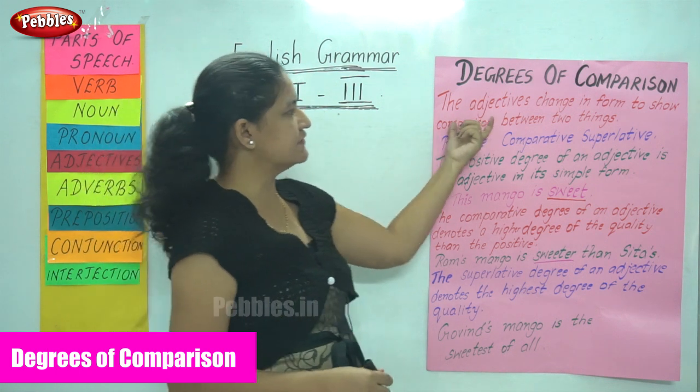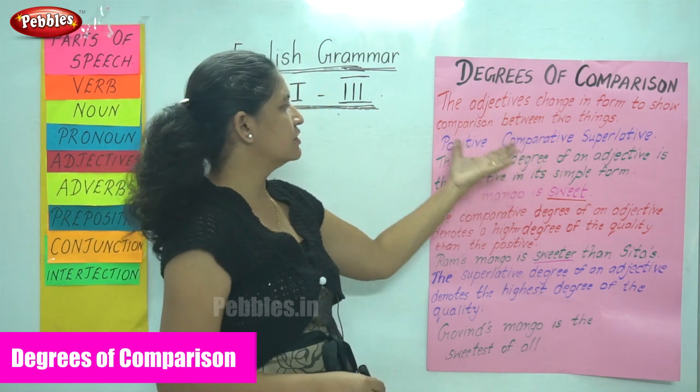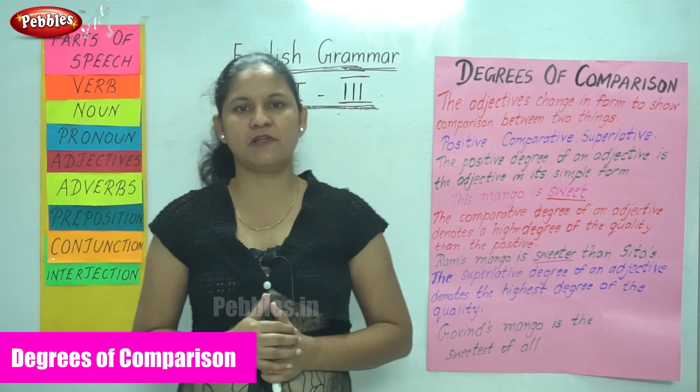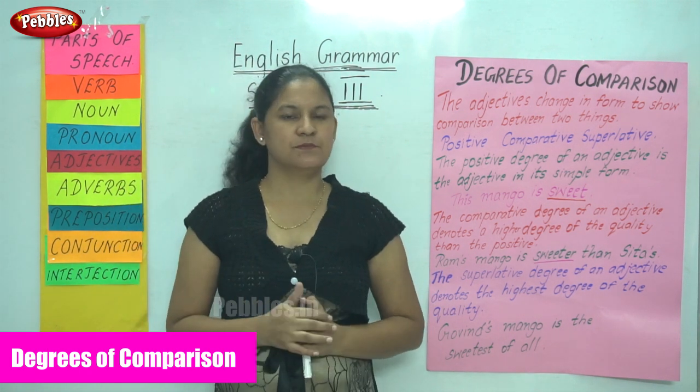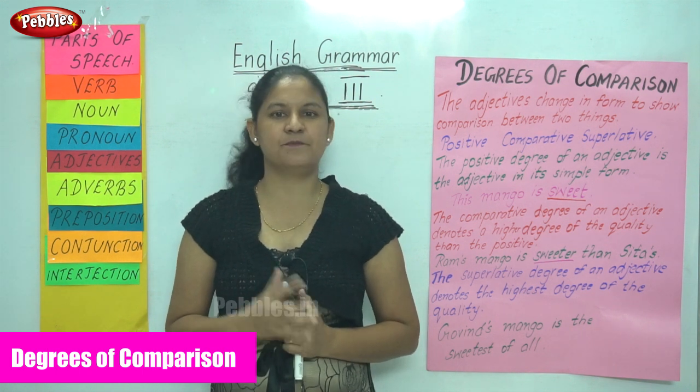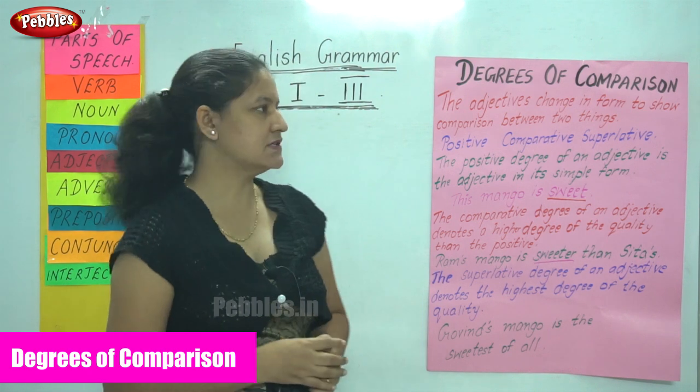The adjectives change in form to show comparison between two things. For example, when you compare two children or two people, then you use the comparative degree of comparison.